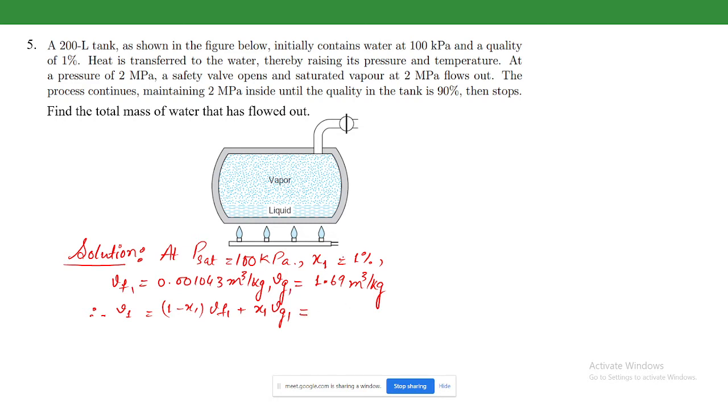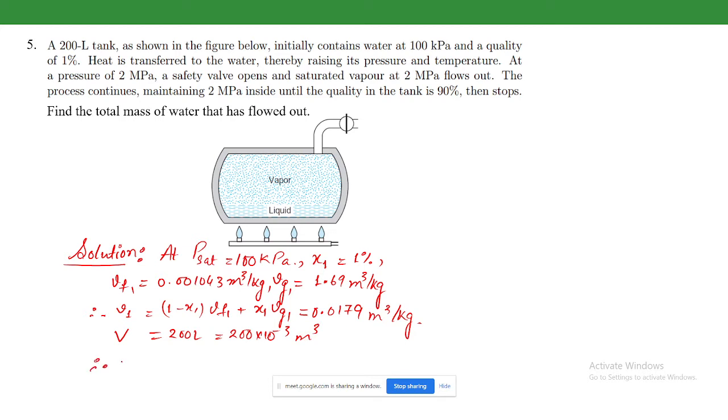If we put in all the values, remember that this is 0.01, it is in percentage, so it will be 0.01 when we put it in here. So this will come out to be 0.0179 meter cube per kg. Now the given volume of the tank is 200 liters, that is 200 into 10 to the power minus 3 meter cube.